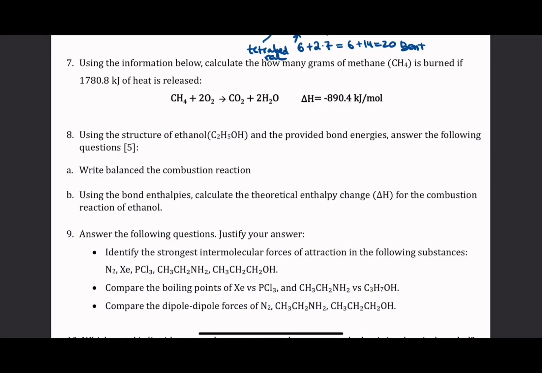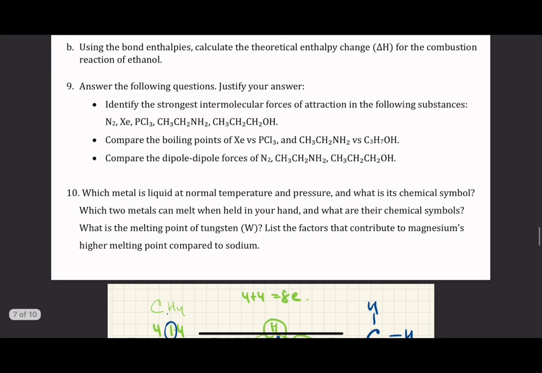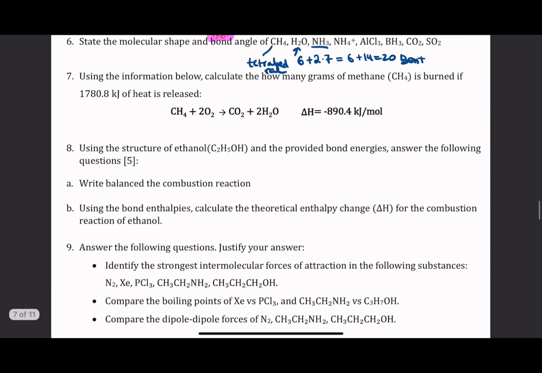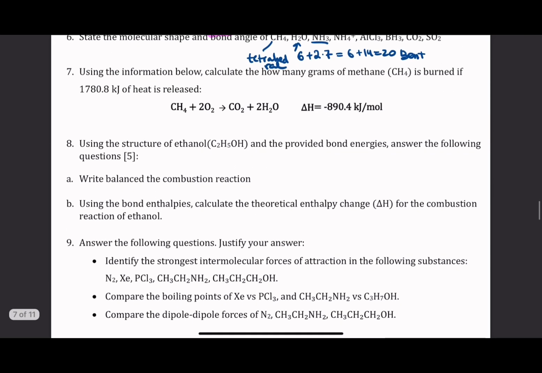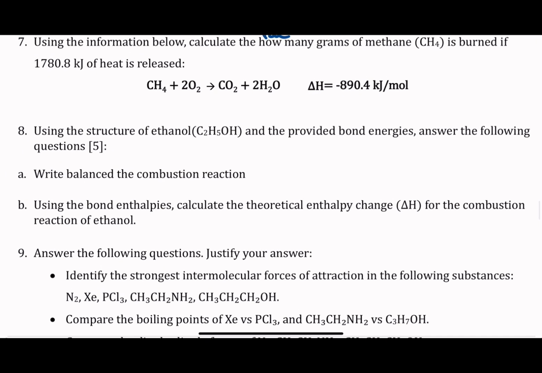Now we're in question 7. It is talking about thermochemistry. So in here we have a reaction, and the enthalpy change is given to us. From the enthalpy change, we can see that it is exothermic.